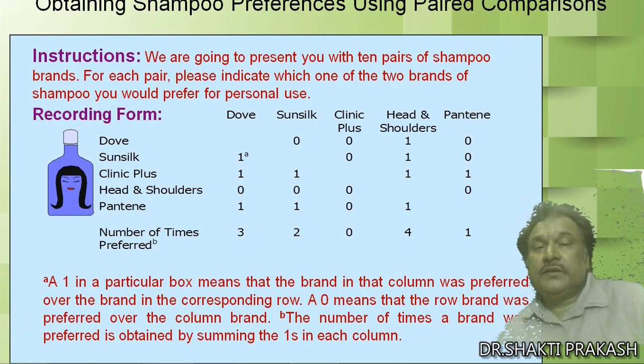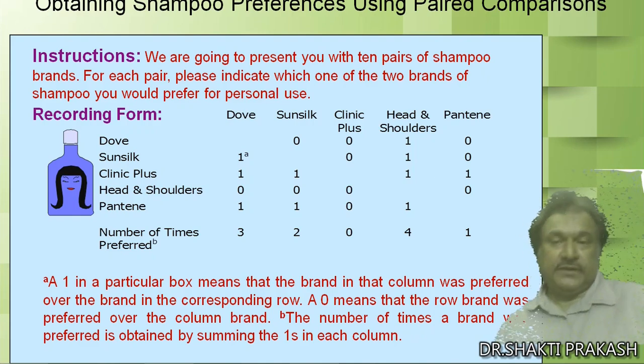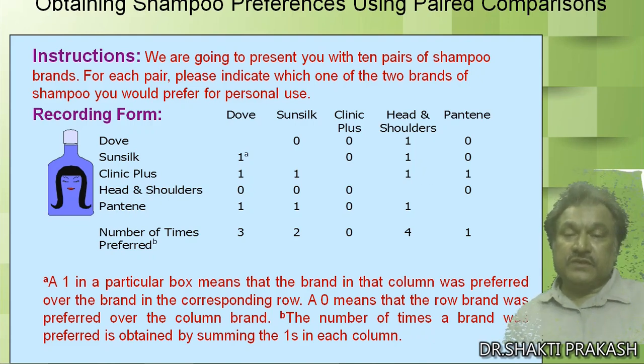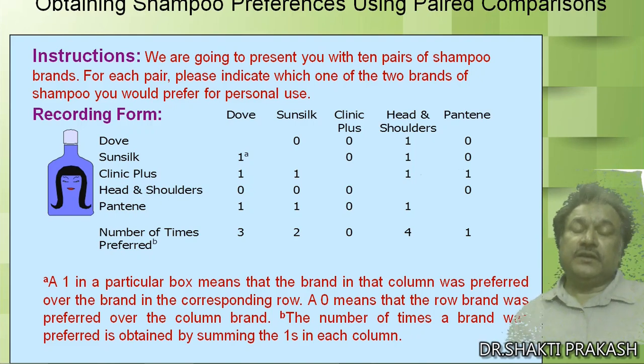Here are the shampoo brands: Dove, Sunsilk, Clinic Plus, Head and Shoulder, and Pantene. Dove will be compared with Sunsilk, with Clinic Plus, with Head and Shoulder, and with Pantene.